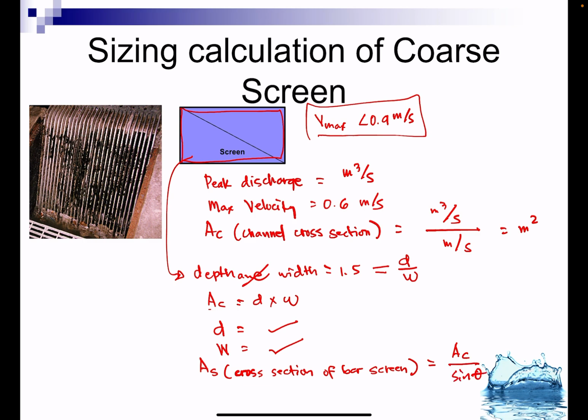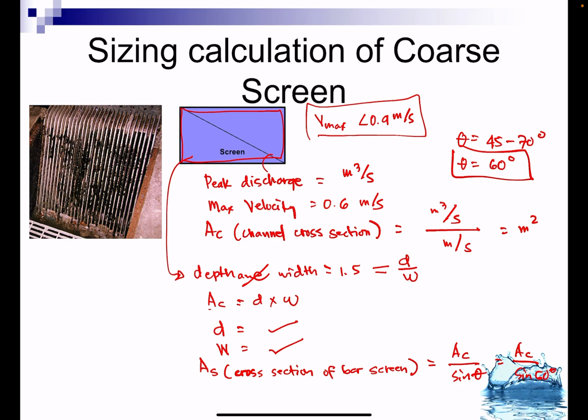Theta is the angle of inclination at which the screen bars are placed to the horizontal. Usually theta is taken from 45 degrees to 70 degrees, but commonly theta is assumed to be 60 degrees. So AS is AC divided by sine 60 degrees.